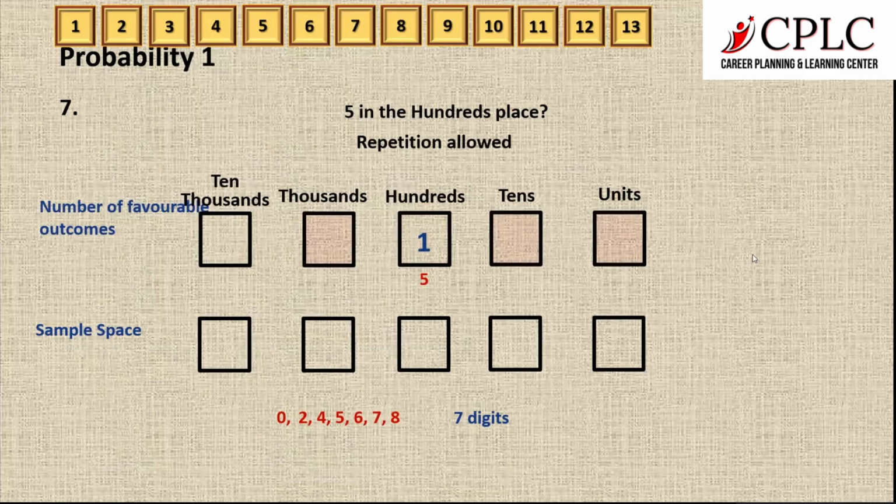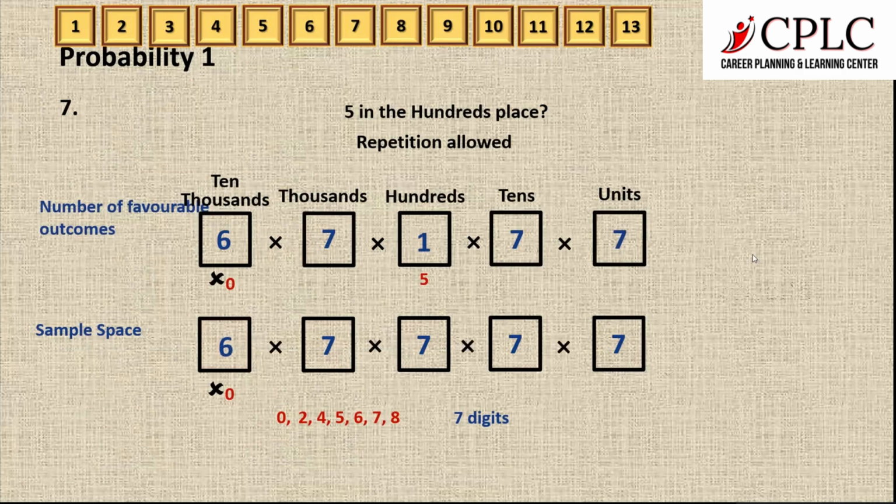And for thousands, repetition is allowed, so 7 possibilities. For tens, 7 possibilities. For units, 7 possibilities. But for ten-thousands, we have to consider 6 possibilities as 0 can't come. It's a 5-digit number, so 0 can't come, so 6 possibilities. In the sample space, again, it is going to be 7, 7, 7, 7, and 6, as the digits can repeat.